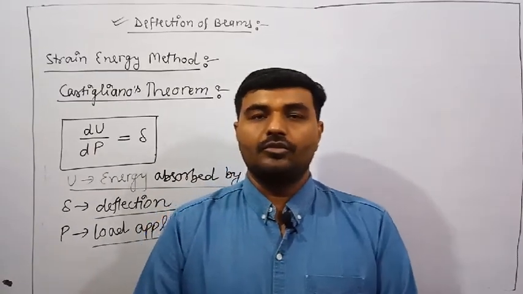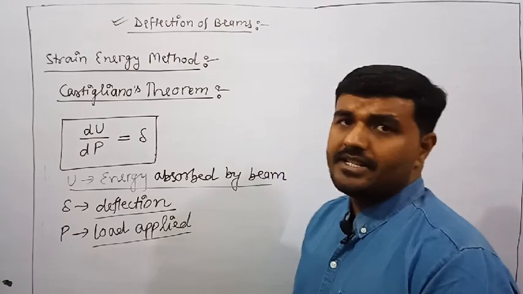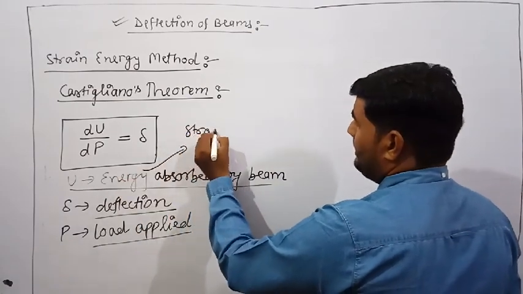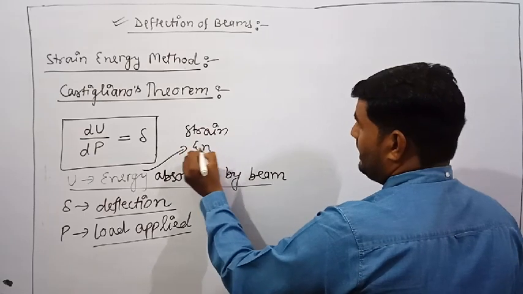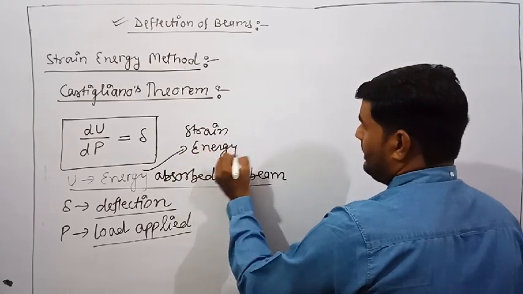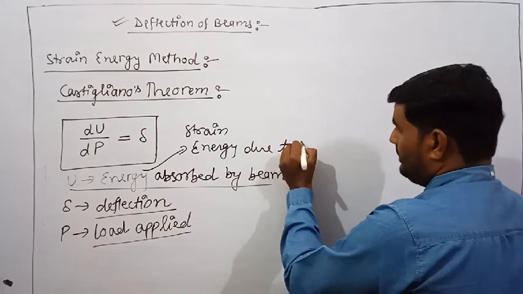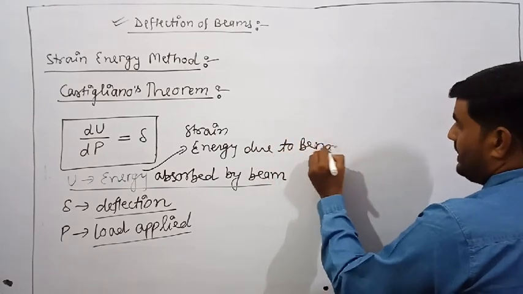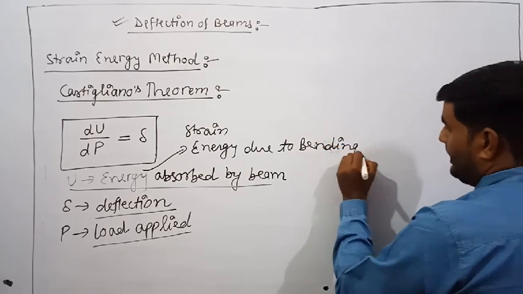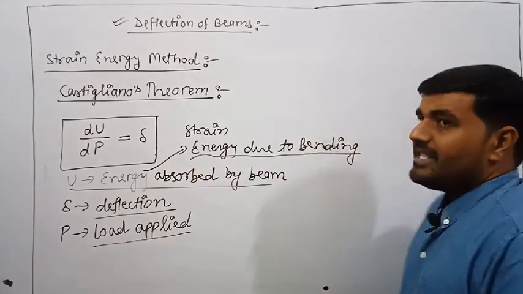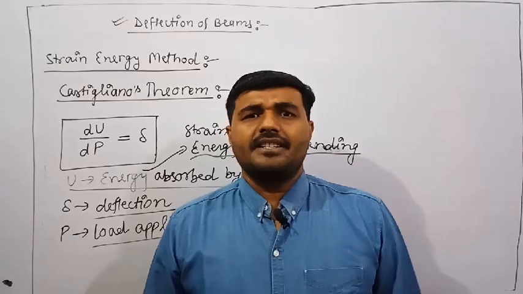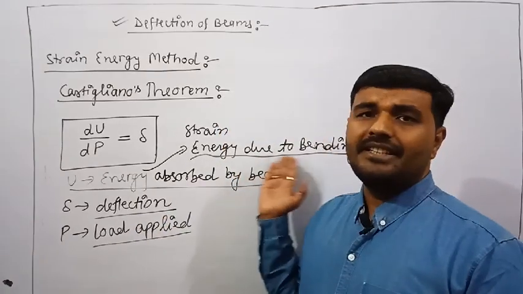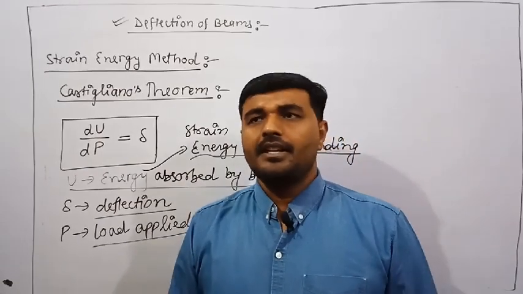So most of the strain energy in case of a beam is due to what, students? Strain energy due to bending. There must be some shear strain energy, but as compared to bending, we neglect the shear strain energy.